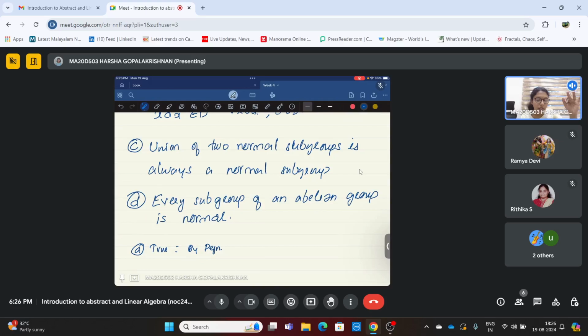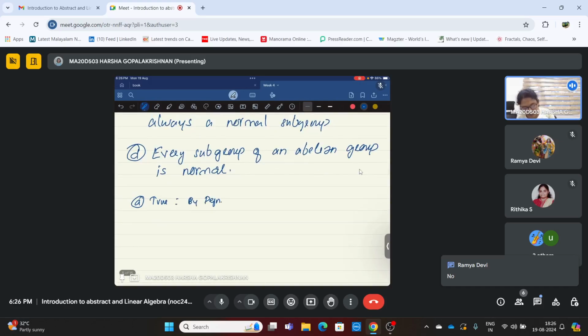Leave aside the normality condition. If I am taking two subgroups of a group, whether the union will be a subgroup first of all? No, right? We can give an example. First of all, B is also true.